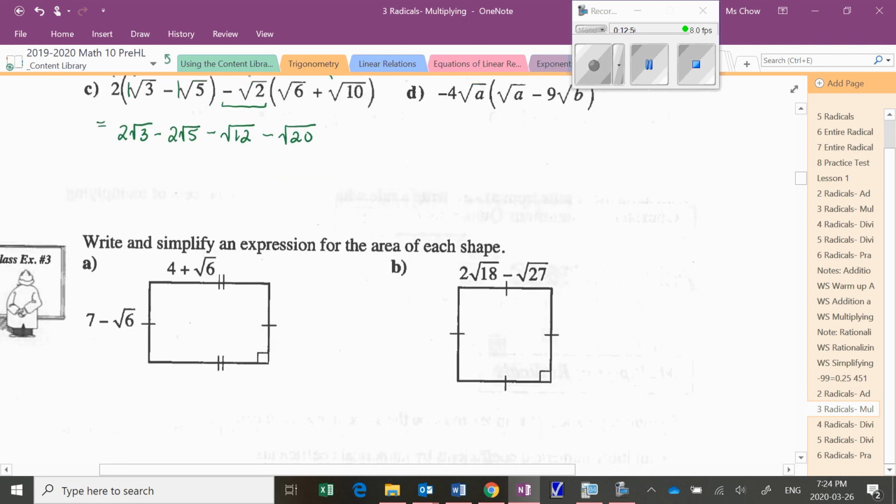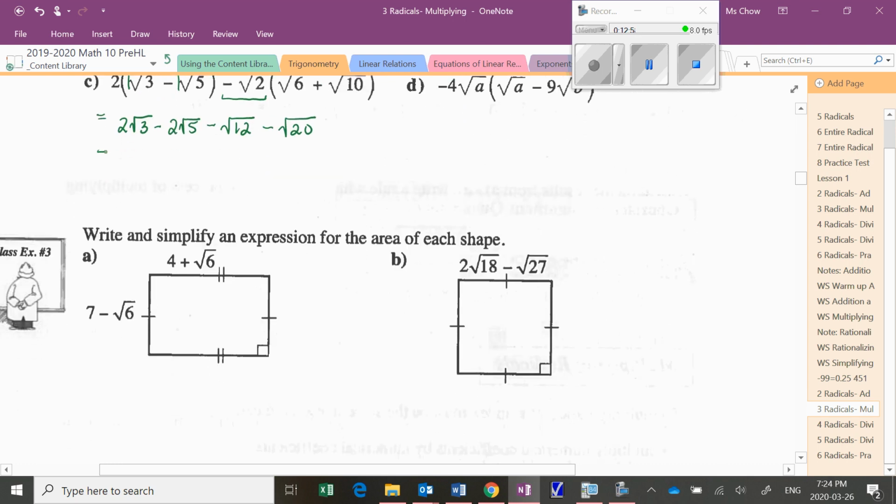And so we've got a little bit of cleaning up to do with that root 12 and root 20 there. So 2 root 3 minus 2 root 5 minus, and this is root 4 times root 3, minus again root 4 times root 5, and so then this is 2 root 3 minus 2 root 5 minus 2 root 3 and minus 2 root 5.